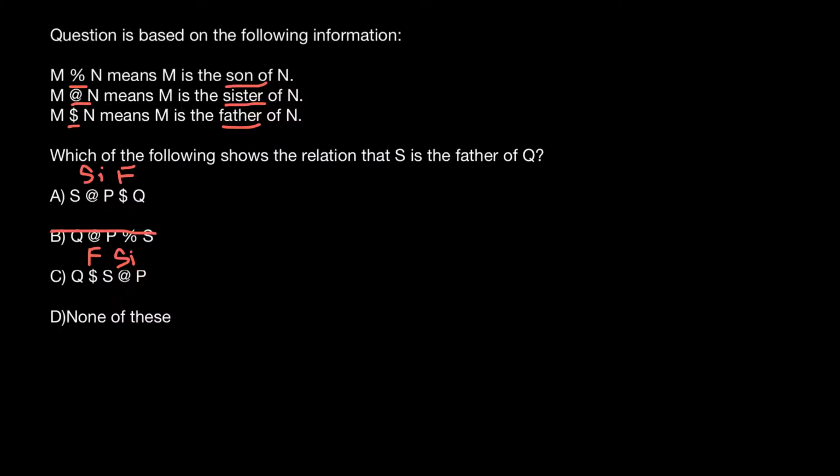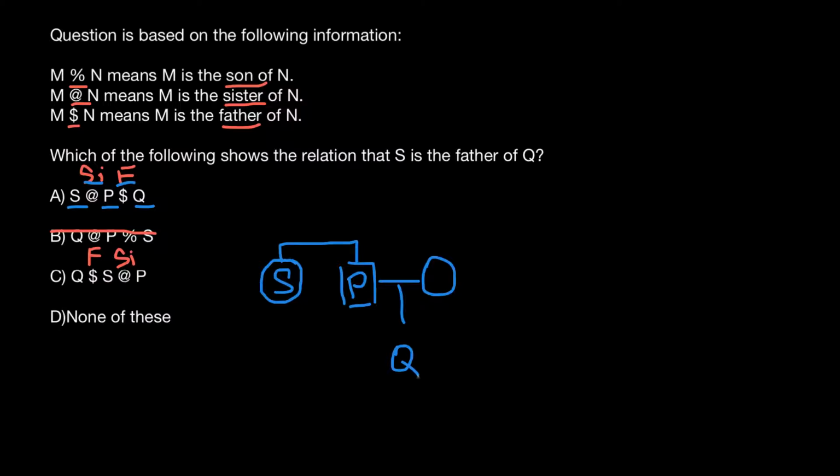For example, variant A tells us that S is a sister of P, and P is a father of Q. The sex of Q is not specified, as I said, the last person.